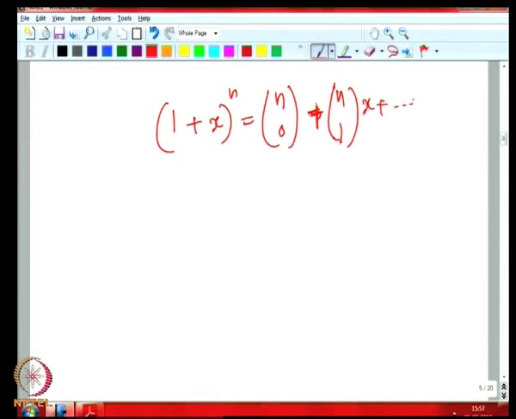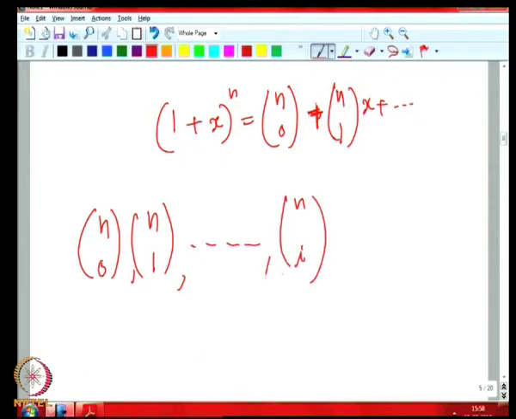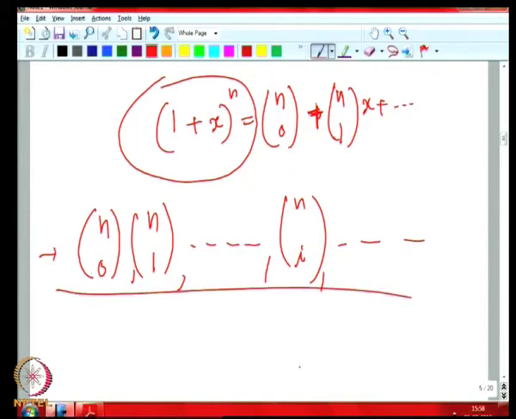So, this is the generating function for these numbers n choose 0, n choose 1 and so on, up to n choose n, after that n choose n plus 1, from there onwards it is 0. In other words, this 1 plus x raised to n is the ordinary generating function for this sequence of numbers. So, then it is the exponential generating function for another sequence of numbers.